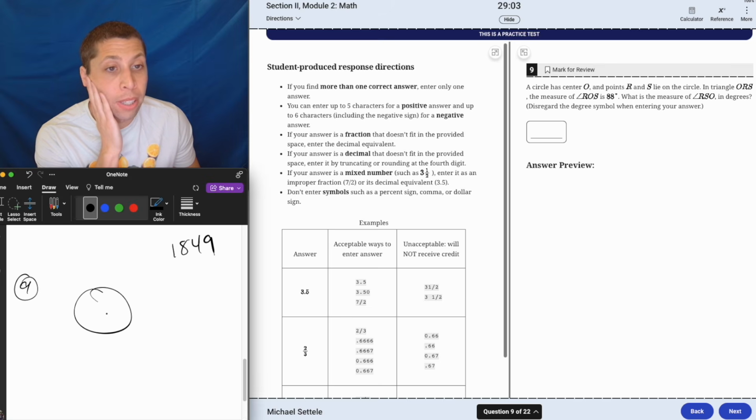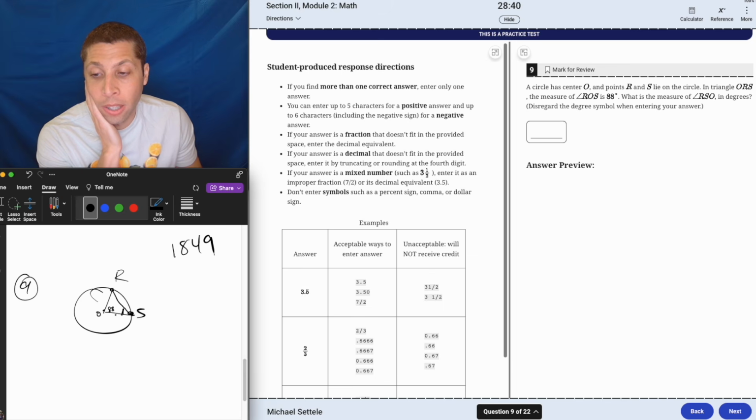A circle has center O and points R and S lie on the circle. So we're making a triangle, and ROS is 88. What is the measure of RSO?